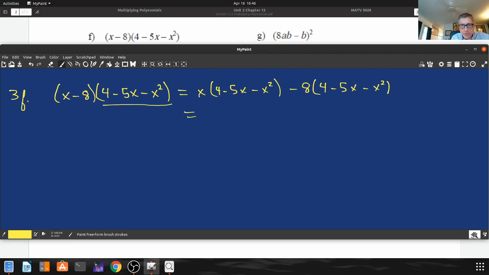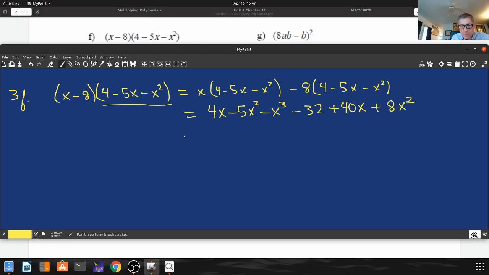So that's equal to x times 4 is 4x. X times minus 5x is minus 5x squared. X times minus x squared is minus x cubed. Minus 8 times 4 is minus 32. Minus 8 times minus 5x is plus 40x. And minus 8 times minus x squared is plus 8x squared.